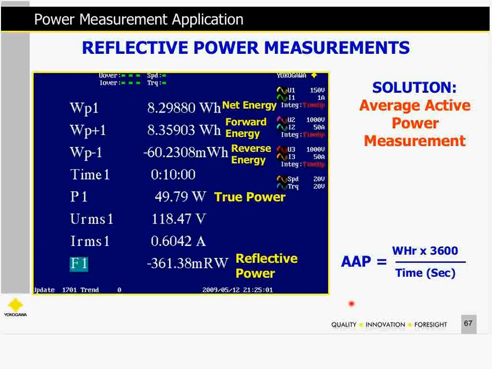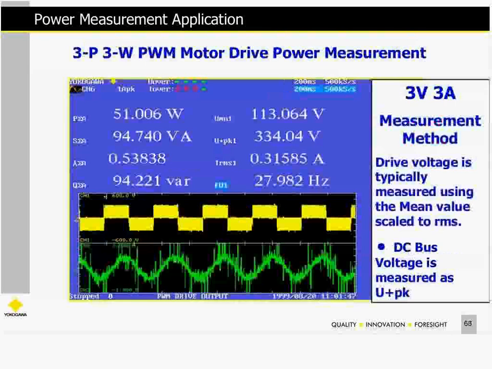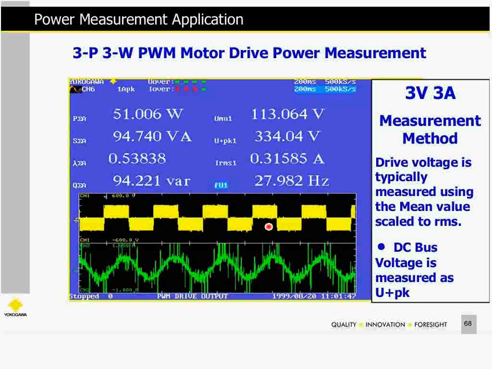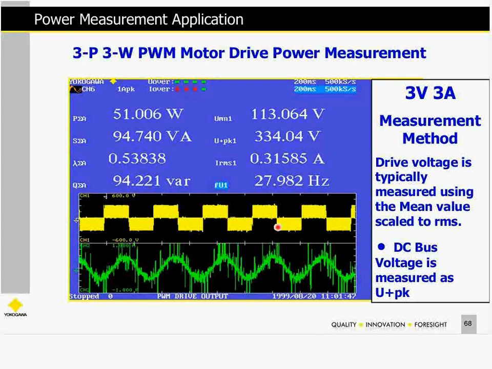A lot of times in your power quality work and your design work, you want to know what's being kicked back out on the line. Here's a motor drive application. If you're involved with motor work, we have a full seminar on motor drives, but it's a pulse width modulated PWM voltage signal where we vary the frequency of the voltage, which varies the frequency, speed of the motor.